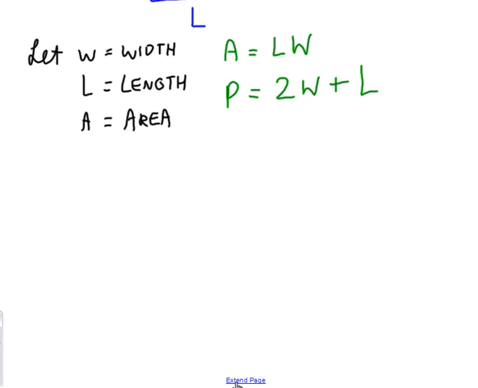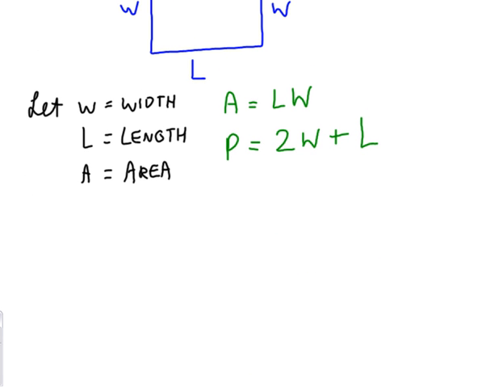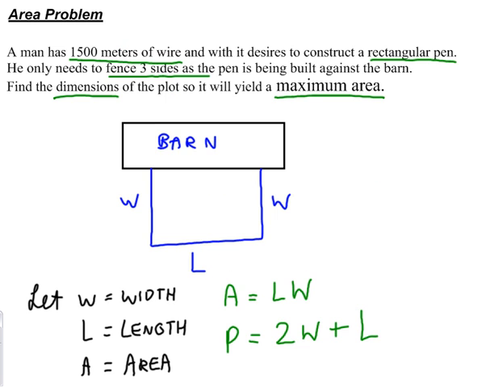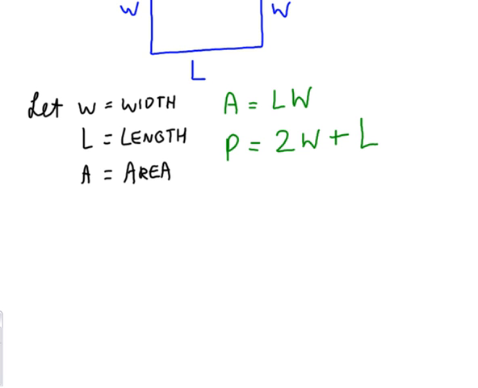So, can we go a step further too and actually state what the perimeter is? Do we know how much fencing we have? Well, we do. We have 1,500 meters of fencing. So let's go a step further and say that the perimeter is 1,500. So that must equal 2 widths plus 1 length.